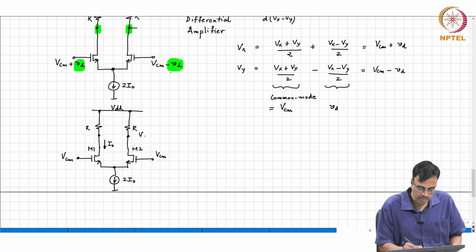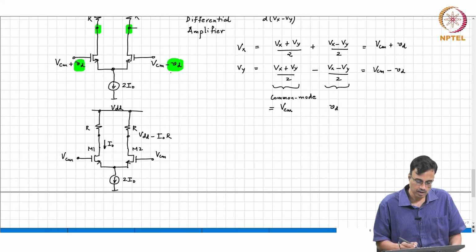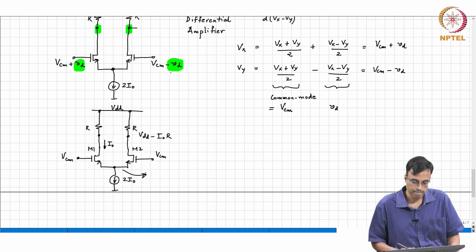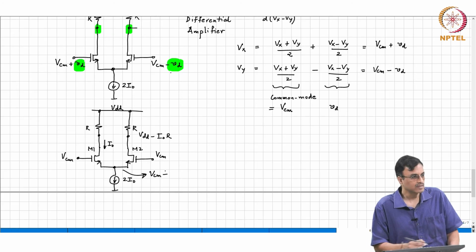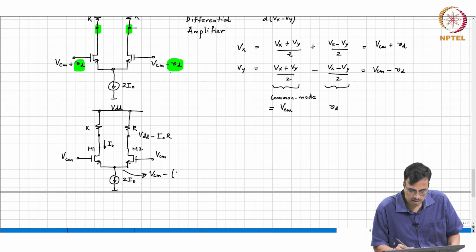VDD minus I naught times R. What is the quiescent voltage at the source? VCM minus VGS, which is what? VT plus delta V, which is basically square root of 2 I naught by mu Cox and so on.